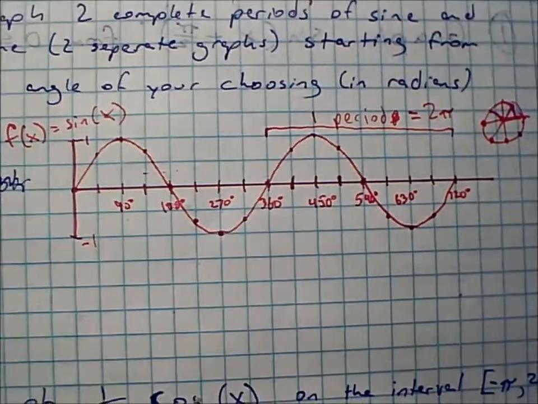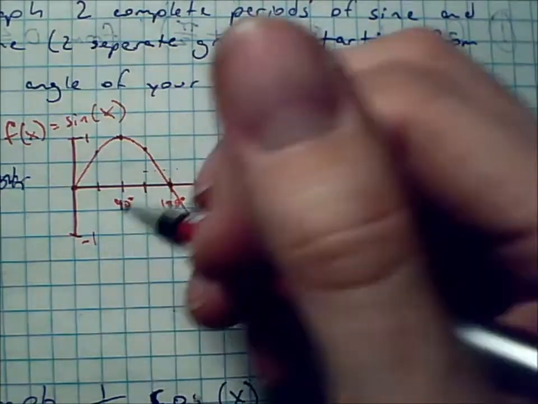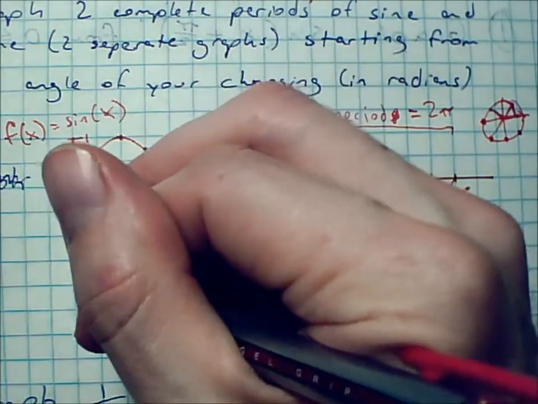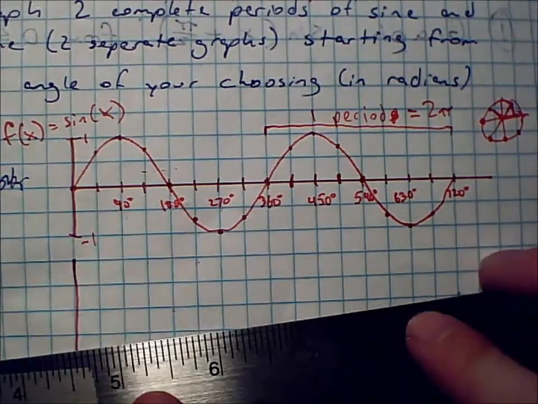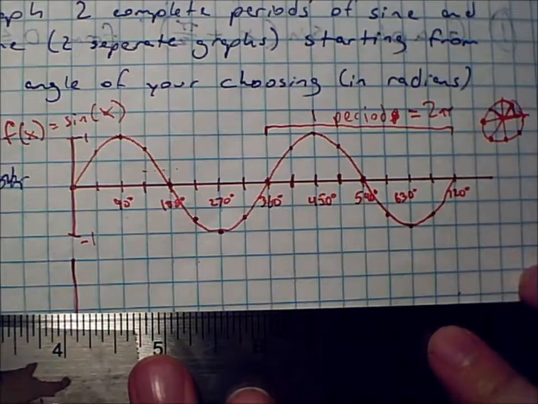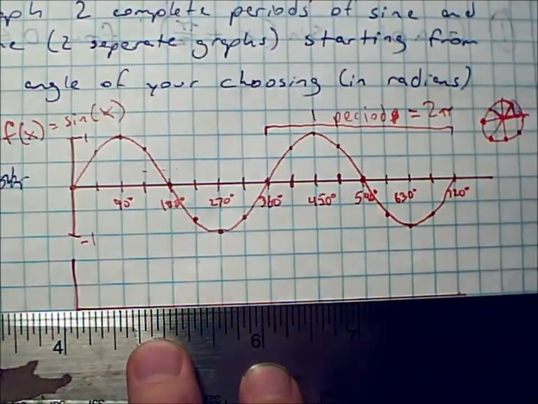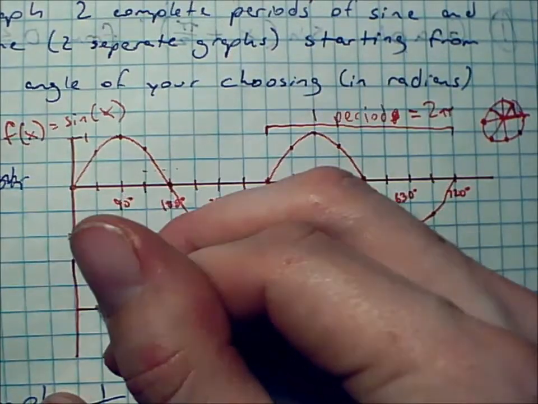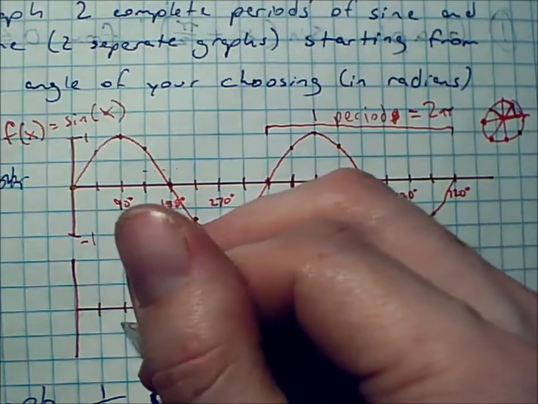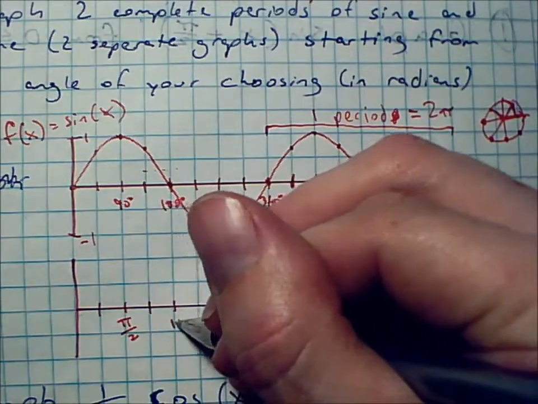Let's try cosine. I'll start from 0 again. And this time, just for practice, I'm going to label my axis in radians. So instead of 90 degrees, I'm going to have pi over 2. So here I'm counting by halves of pi.